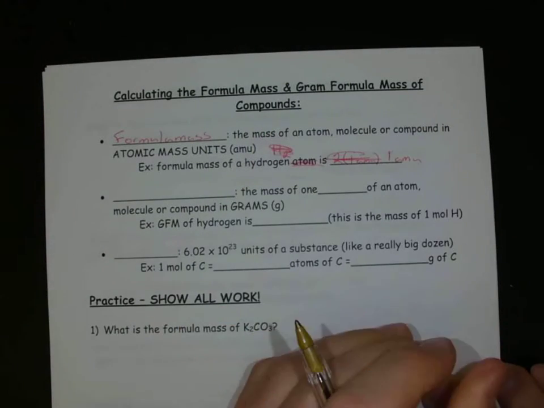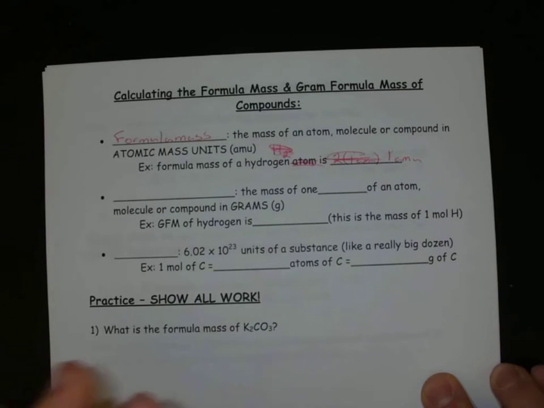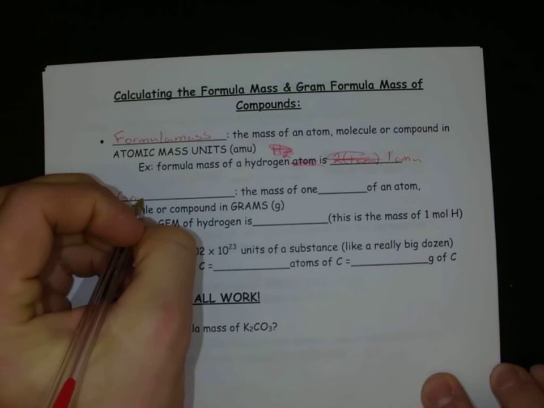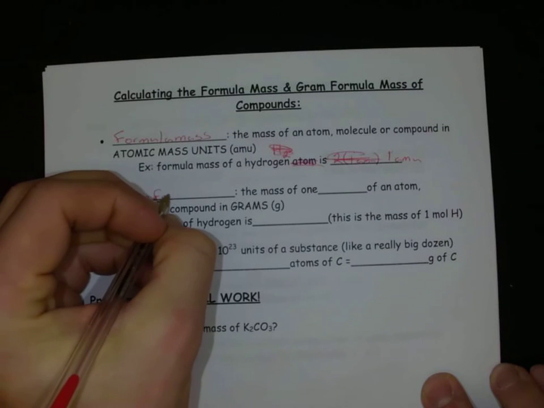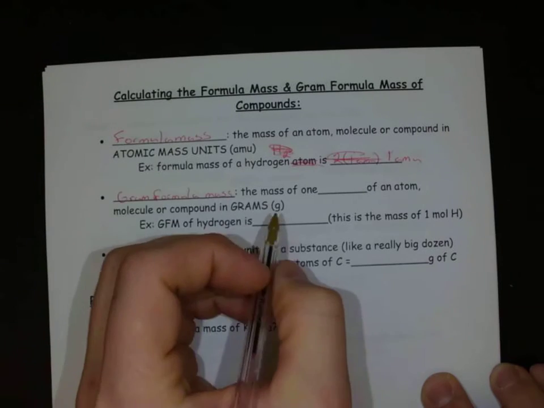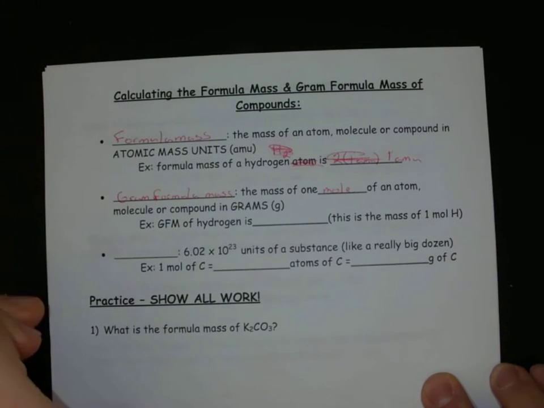If it was a hydrogen molecule, then it would be H2, and then it would be twice as much. Sorry about that. But our gram formula mass is the mass of 1 mole of an atom, right?